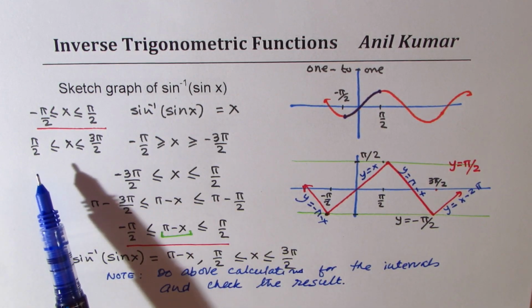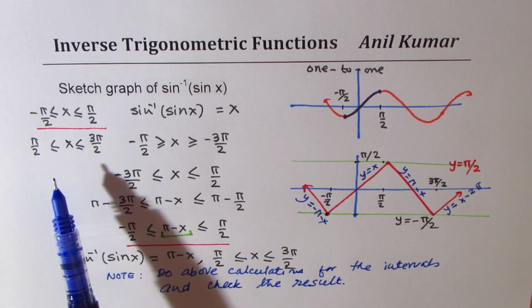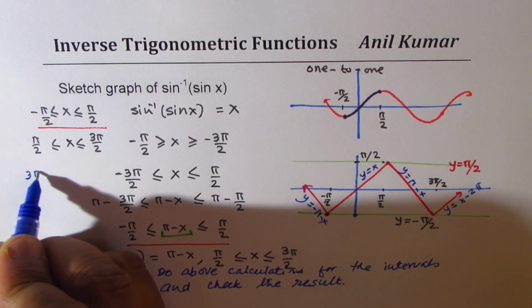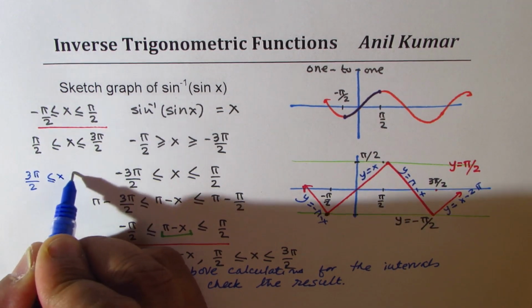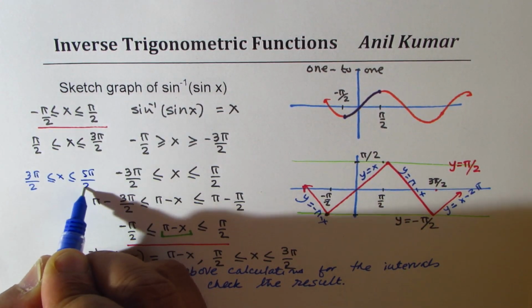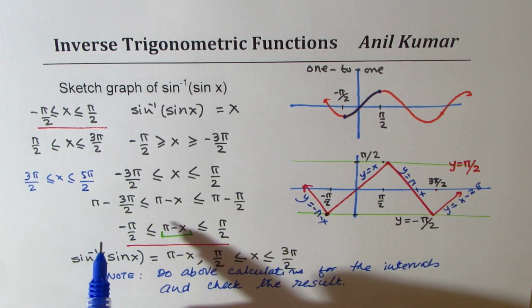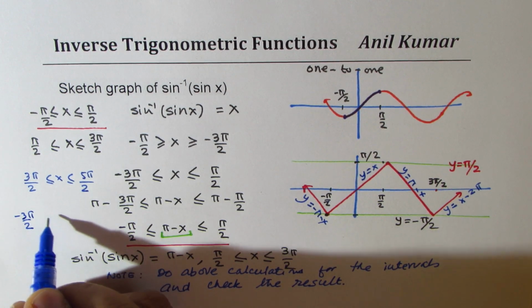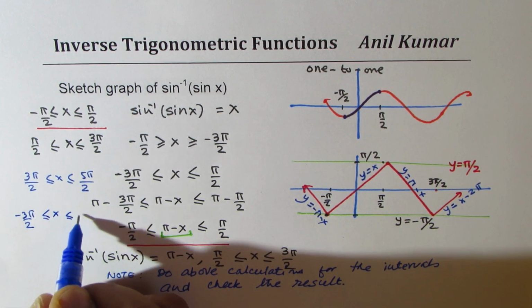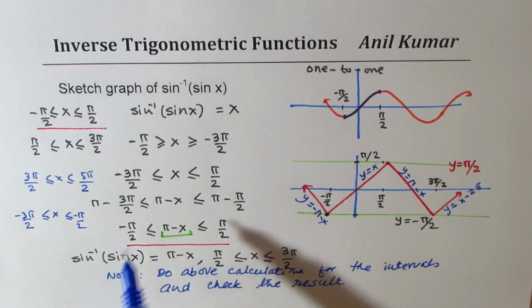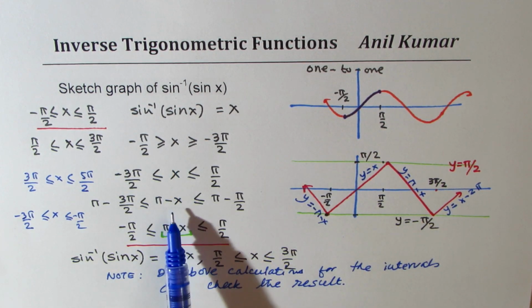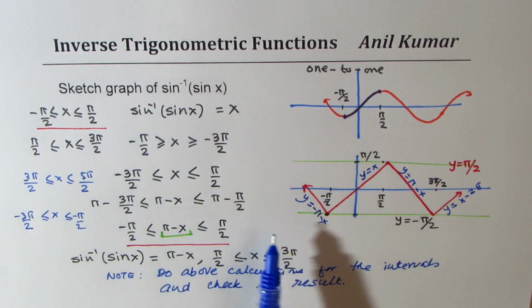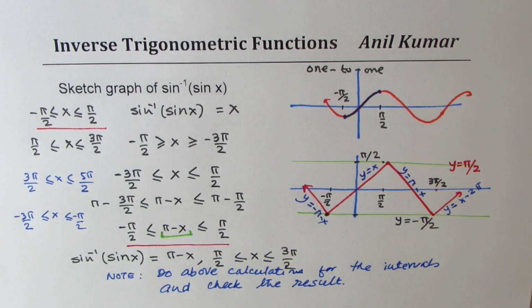So just as we did for one particular interval, you could do the same type of calculation for 3 pi by 2 to 5 pi by 2, and also on negative 3 pi by 2 to negative pi by 2. Follow the same method. So you'll get the value here which will represent sine inverse of sine x. And this is what you're going to see.